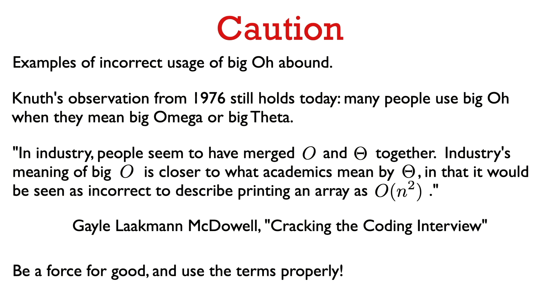I was looking at the Cracking the Coding Interview book the other day, and this is explicitly stated there. It said that in industry, people seem to have merged big O and big theta together. Industry's meaning of big O is closer to what academics mean by big theta, in that it would be seen as incorrect to describe printing an array as taking time order of n squared.